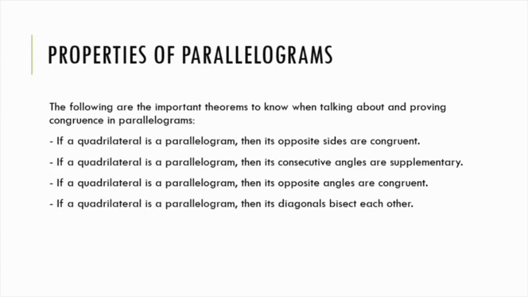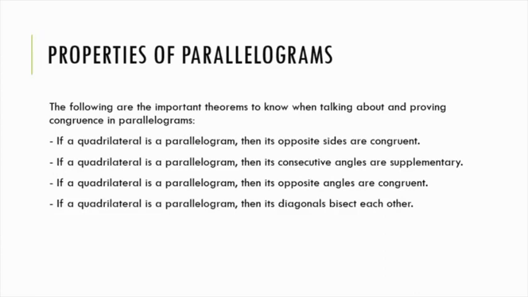The following are the important theorems to know when proving congruence in parallelograms. The first one: if a quadrilateral is a parallelogram, then the opposite sides are congruent. If a quadrilateral is a parallelogram, then its consecutive angles are supplementary.